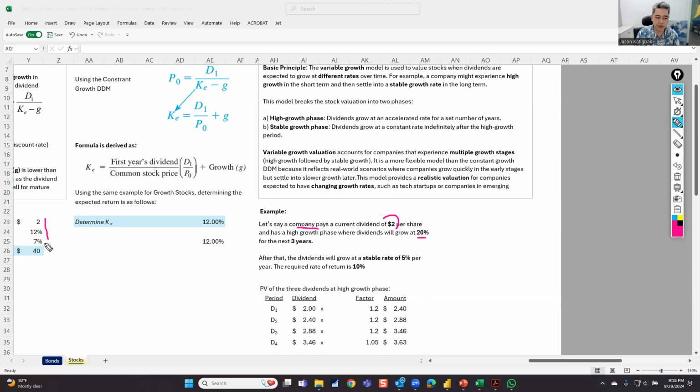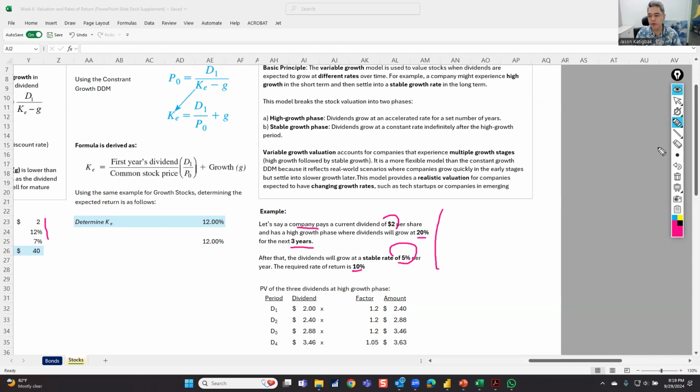So not 7%, but 20% in the next 3 years. After that, so it's not a constant growth, right? But it's actually a variable growth. So 20% for the first 3 years, and then after that, it will have a stable rate of 5%. The required rate of return is actually 10%. So how do we calculate that?